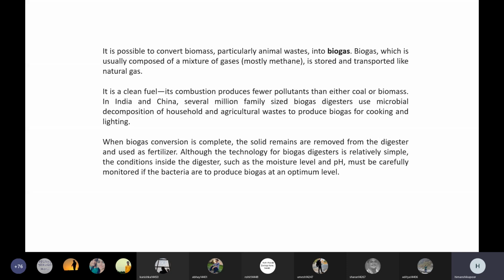So in a way, you can prevent the pollution of agricultural land by using this natural fertilizer. So that is another advantage of biomass. If you are deriving biogas out of it, then the leftover you can use as a manure.